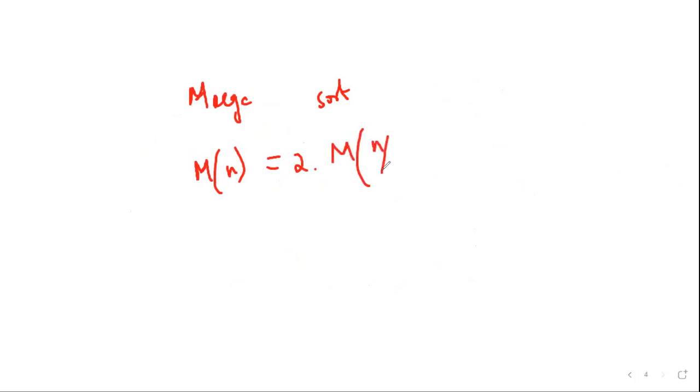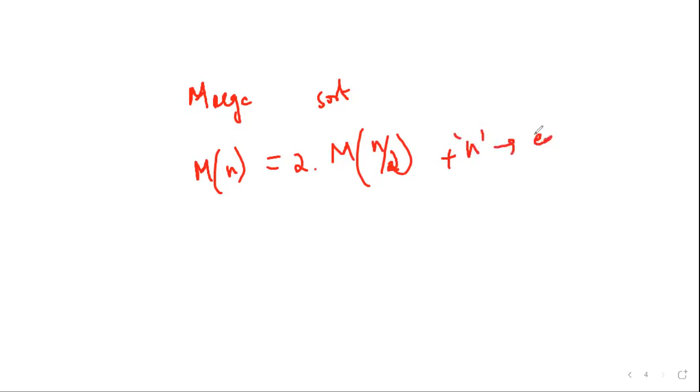Then finally we have merge sort. Since merge sort has already been explained, I will directly write m of n; we divide it into 2. Similarly to how we were finding the maximum and minimum, we will require n by 2 operations, and each time we have to sort the n elements according to their places.